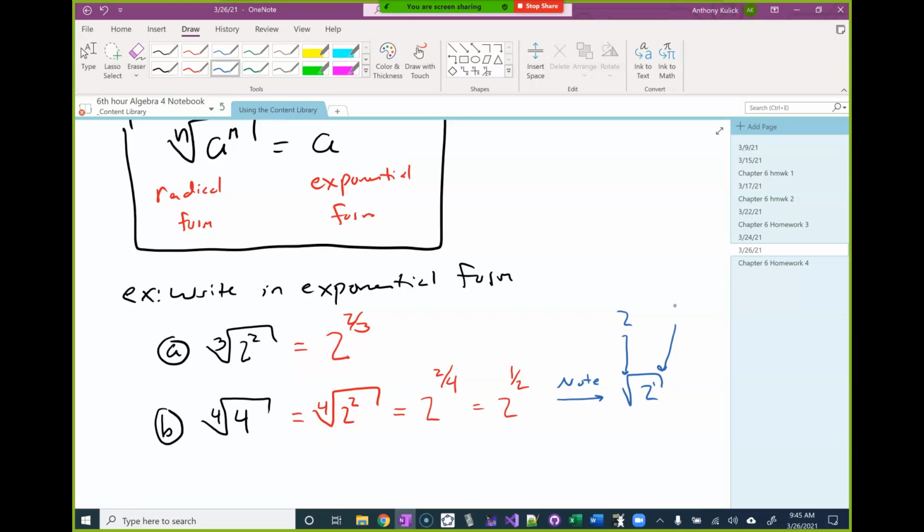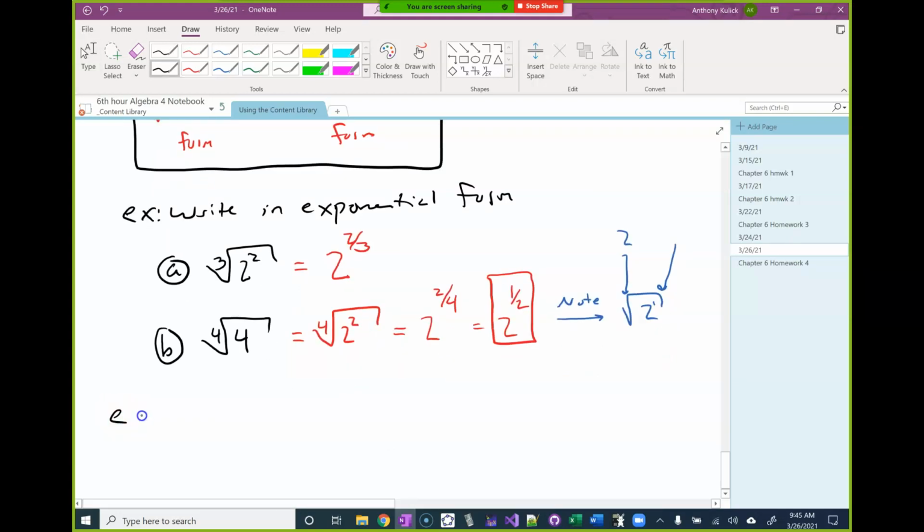And the exponent is 1 if we don't write anything there. It's not necessary, but when you get a square root, we have to remember that the index there is 2, right? Do you guys feel okay about just taking a radical and writing it in exponential form?